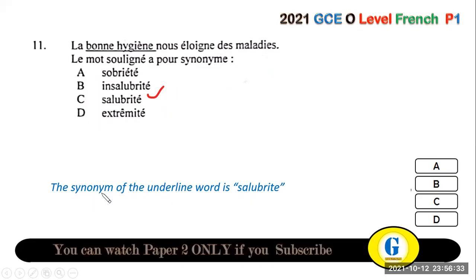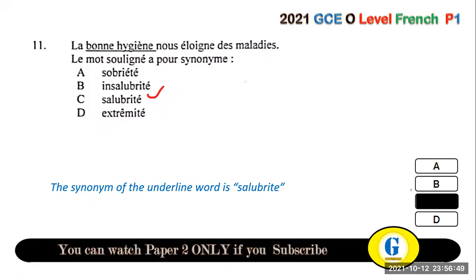And what does salubrité stand for? Yeah, that is for cleanliness, right? Hygiene. Okay, so we use C. All right, so salubrité, cleanliness, good health, all of that keeps us away from sicknesses.